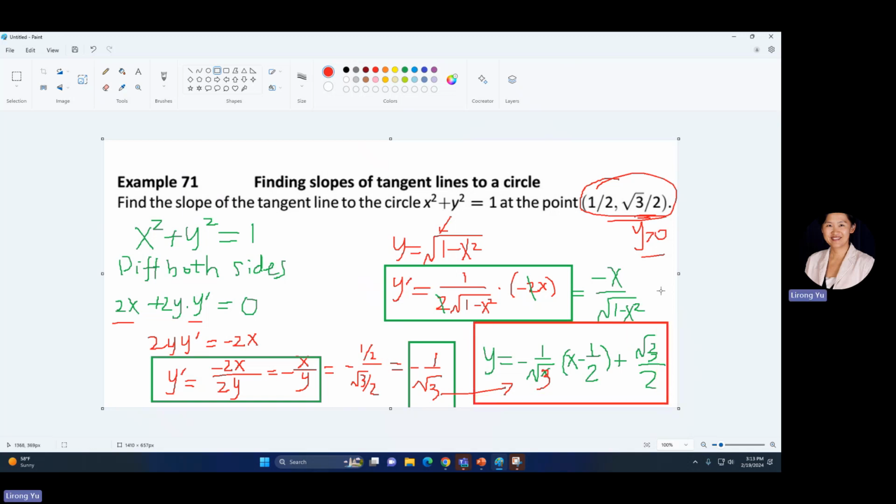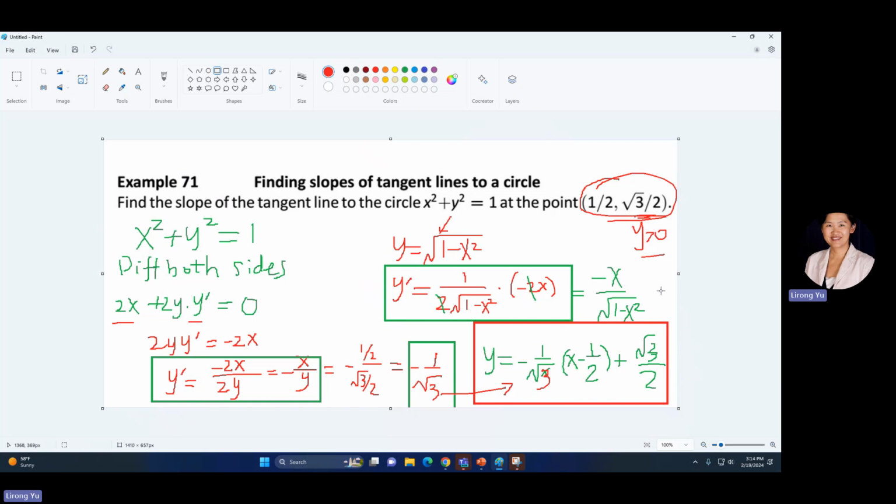This is another example that confirms you can find it both ways. You can find the direct formula for y and find the derivative. It will be the same as you would find with implicit differentiation. There may be a little bit of deviation, because when you find the implicit differentiation derivative, you're allowed to use both the x value and y value in your formula. But when you find the derivative using the formula for y, you only have an x variable, because it was calculating the y value explicitly.